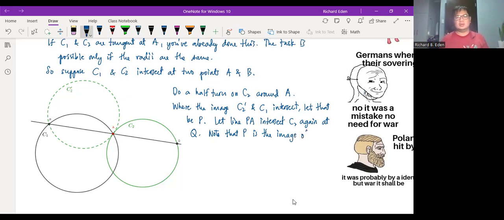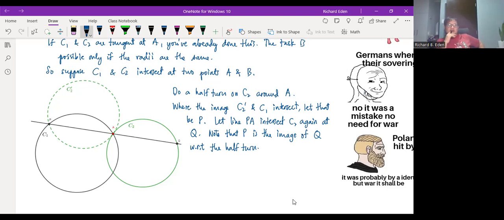So the idea here is that P is the image of Q with respect to the half turn. How do we know P is the partner of Q?